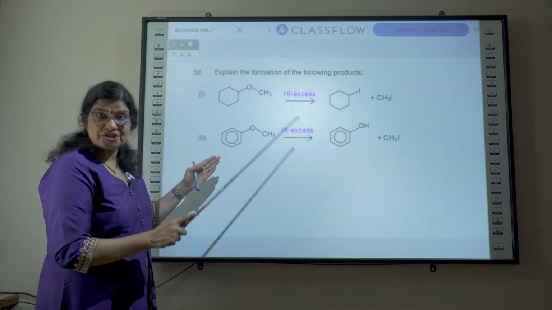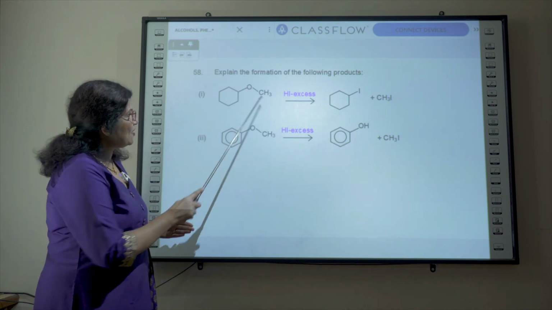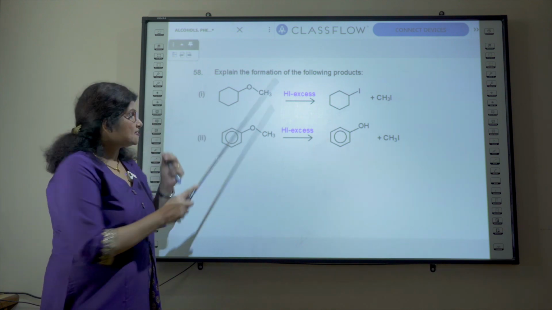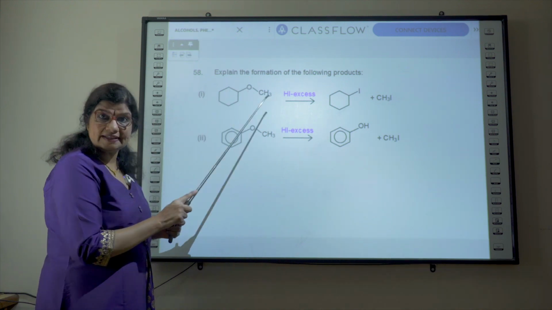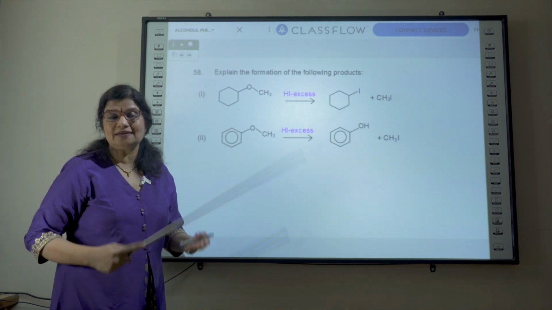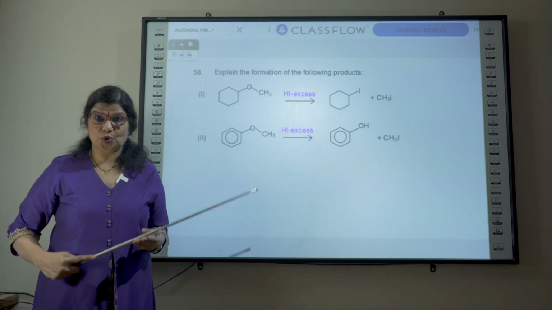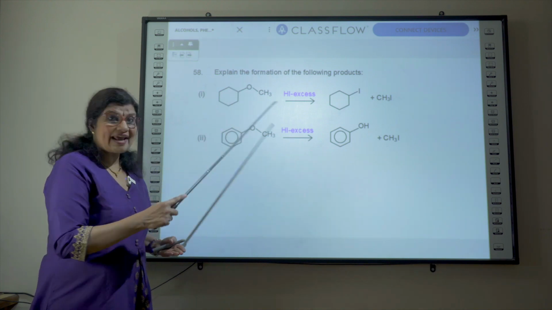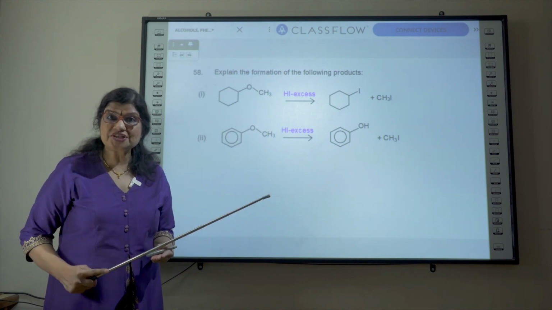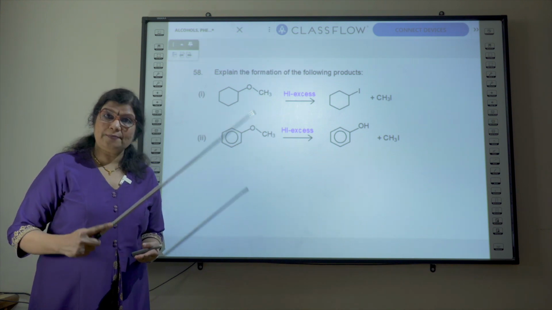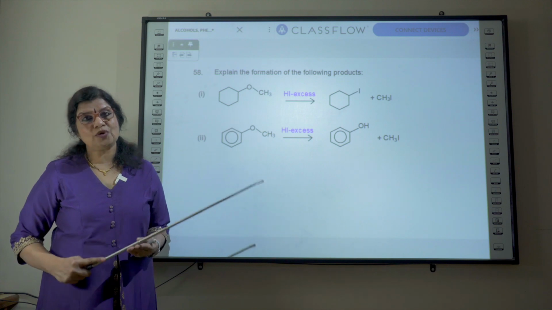This was the situation for this specific question where you had a methyl and a cyclohexyl group. But suppose the oxygen in an ether is bonded to a tertiary alkyl group, or a benzylic group, or an allylic group. Then the bond breaking will result in the formation of a highly stable tertiary, benzylic or allylic carbocation.